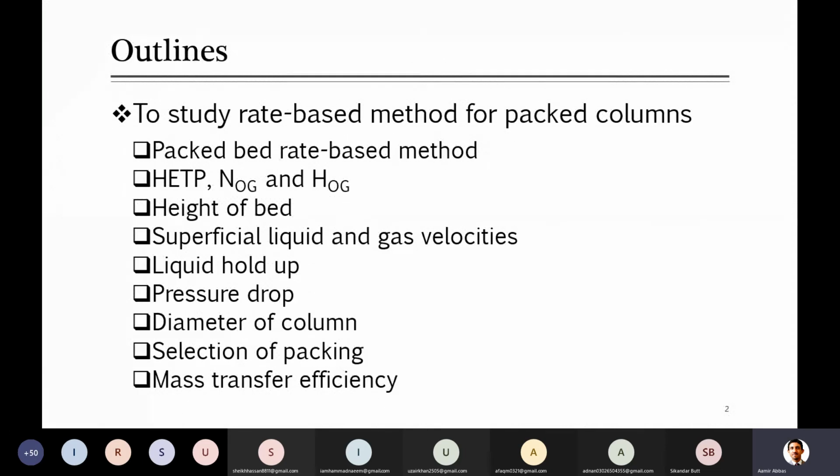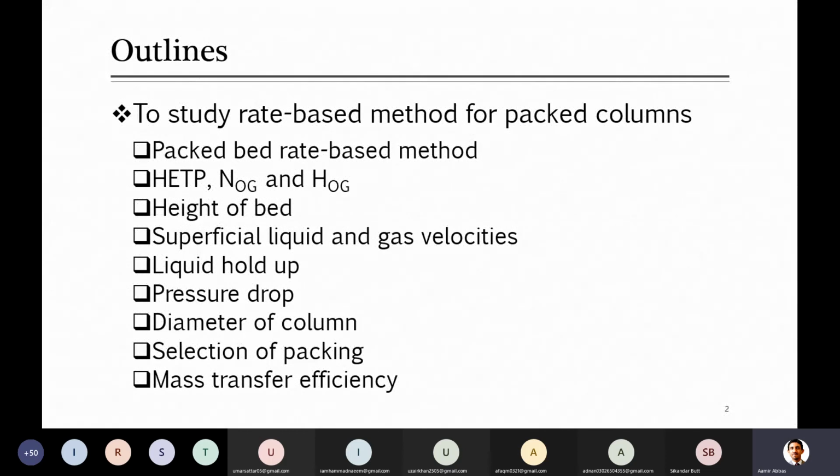First of all, what this method is and on which things it is based. What is HETP, height equivalent to theoretical plate, or height equivalent to theoretical stage, number of gas transfer units, height of gas transfer unit, height of bed. Then there are superficial velocities for gas and liquid.